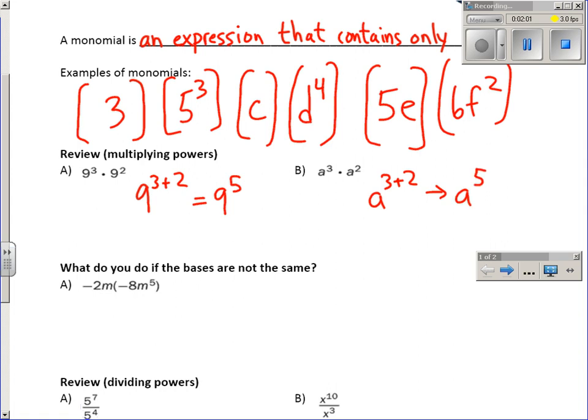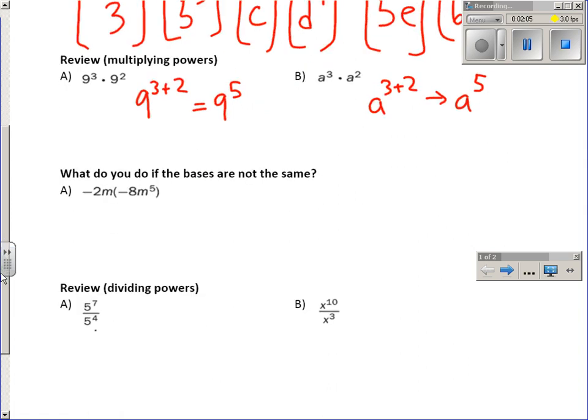But what happens when we're multiplying two monomials and they don't have the same base? We would treat that the same way that we do with scientific notation. We would break them up and group the -2 and multiply that by the -8.